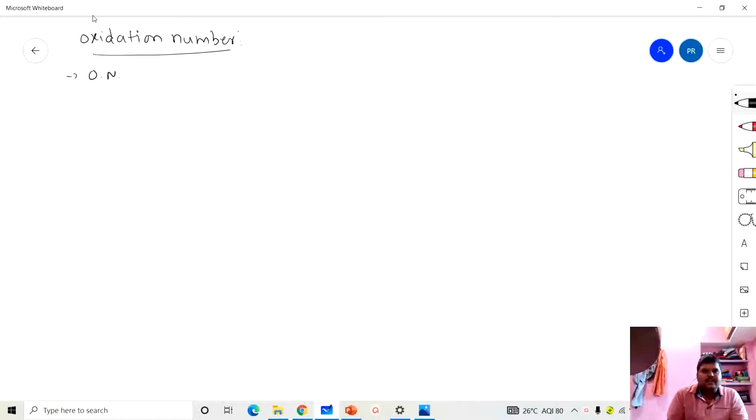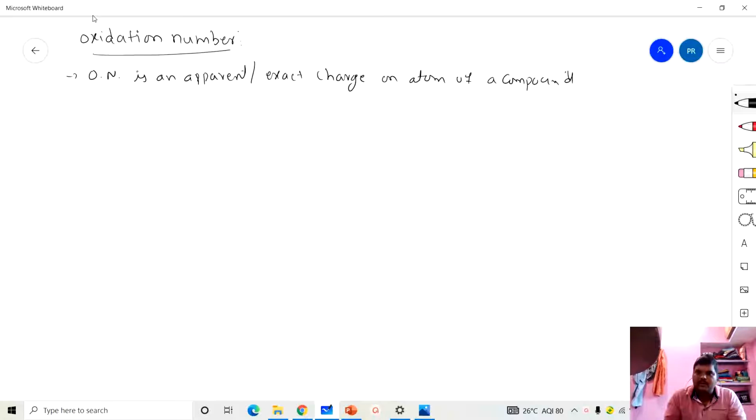Oxidation number is an apparent or exact charge on an atom of a compound or ion. Is it clear? Oxidation number is an apparent or exact charge on an atom of a compound or ion.